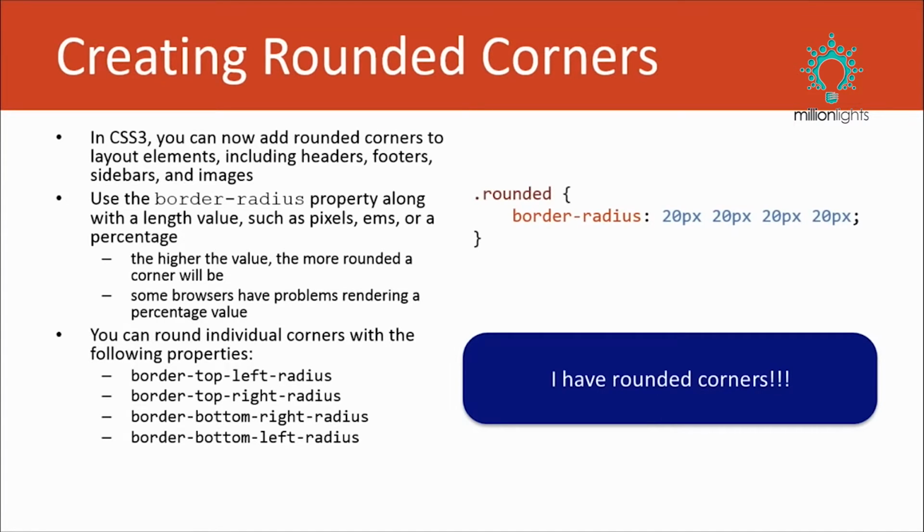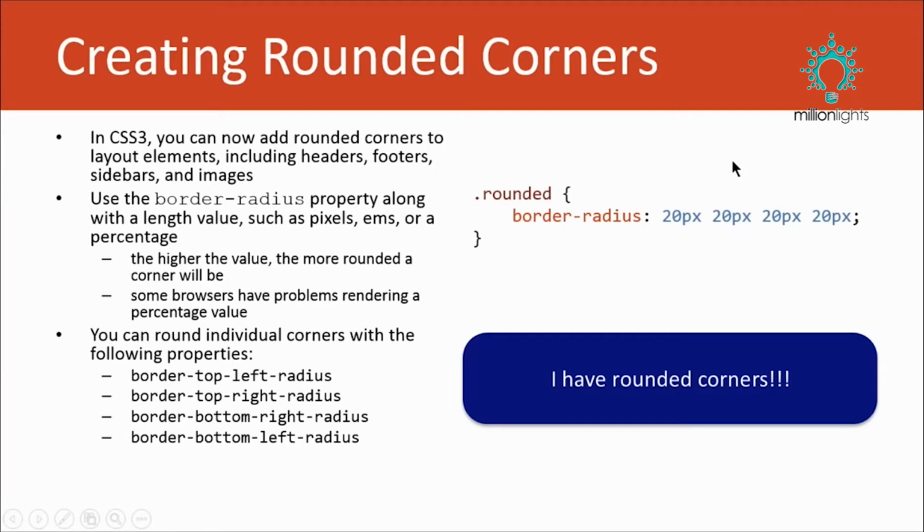Keep in mind that some browsers are going to have problems with rendering a percentage value, so it's probably a better idea to stick with pixels and ems when placing units in there. Like I mentioned, you can also go ahead and round individual corners with the border top left radius property and border top right, border bottom right, and then border bottom left.